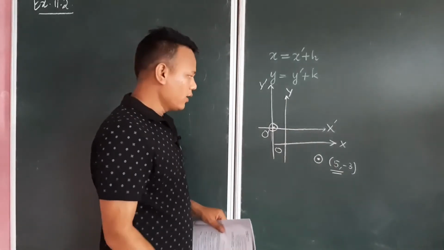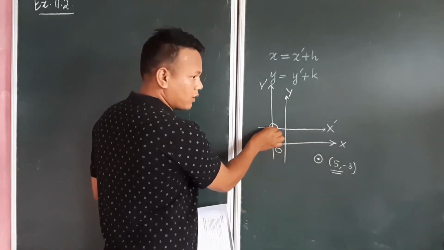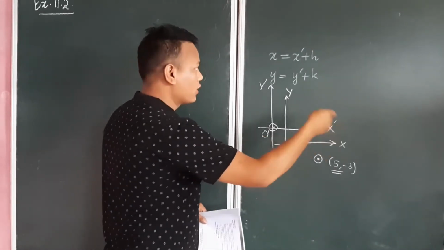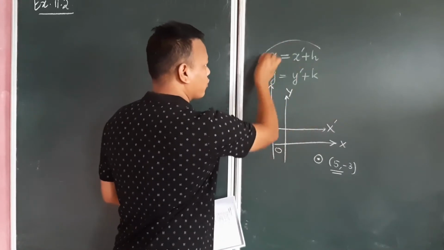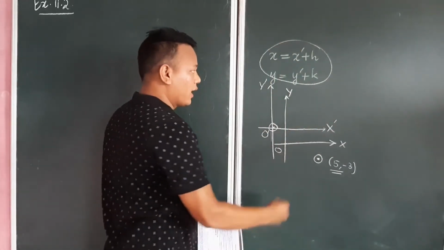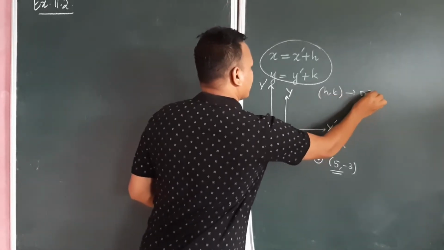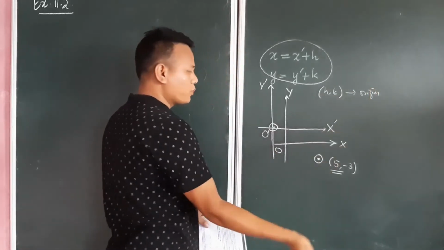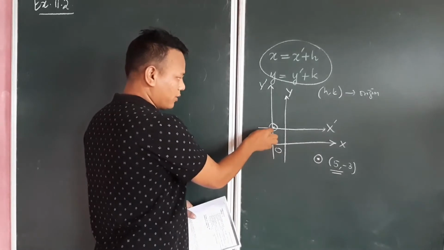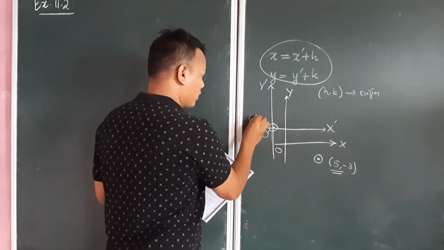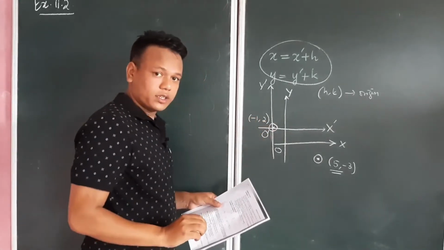Which point is shifted to origin? Here minus 1 comma 2 is becoming your origin.